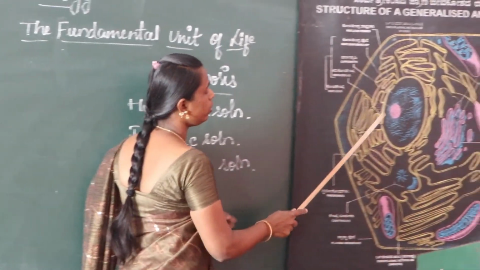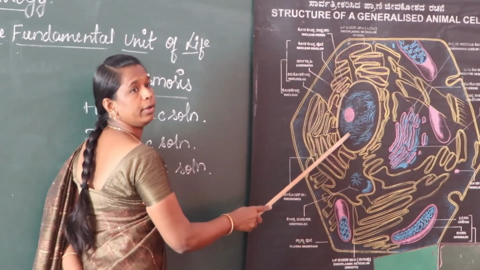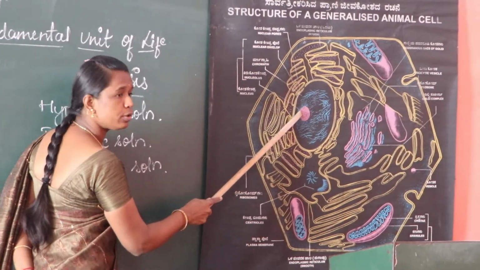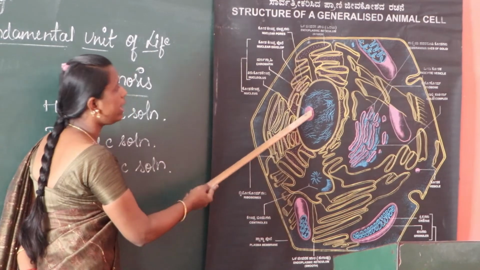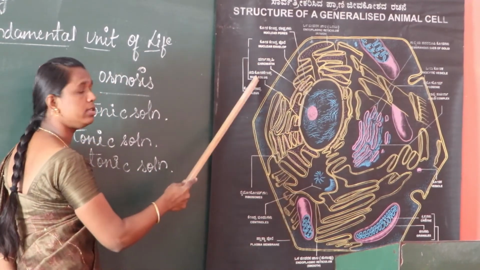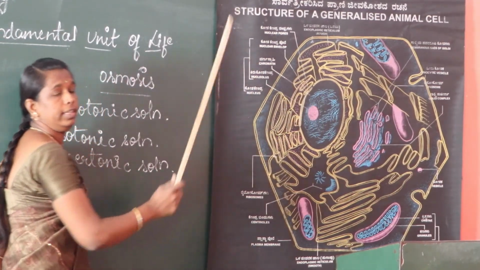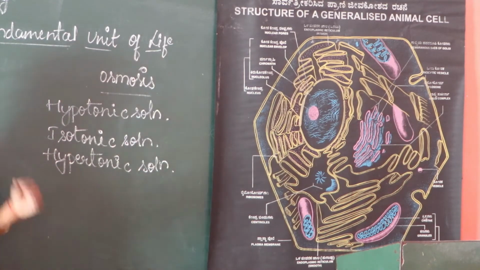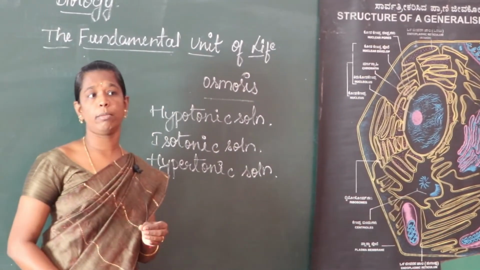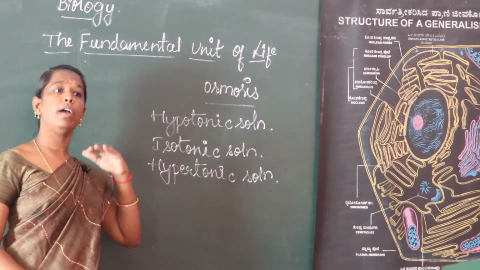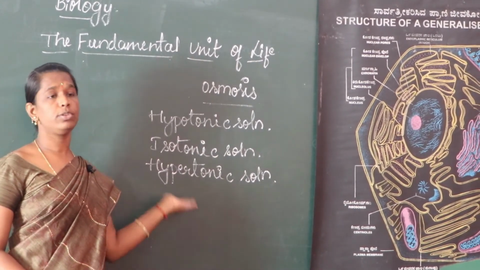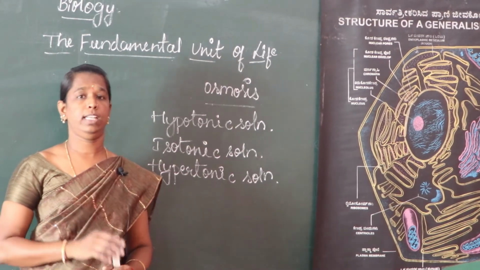What is its work? The nuclear membrane helps to transfer nutrients from outside to inside, or inside to outside. The function of the nuclear membrane is to help transfer nutrients from outside the cell body to inside the cell. Okay, children?